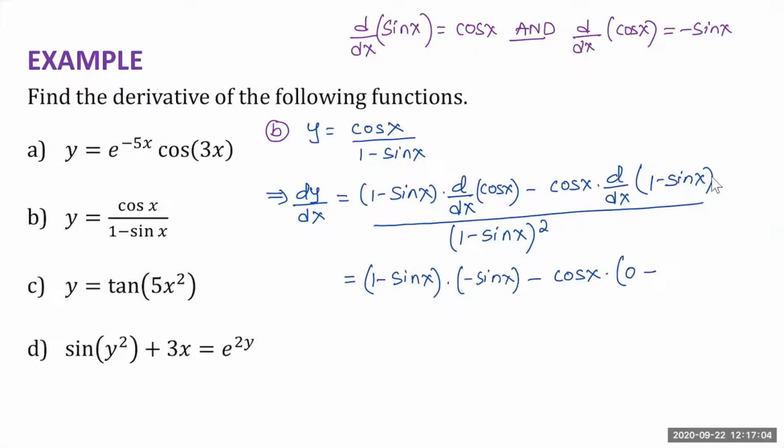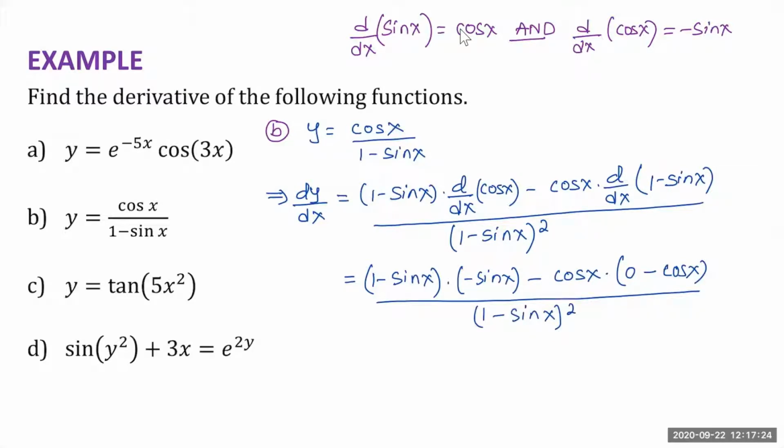We are finding the derivative of this sine. The derivative of sine is cosine, so that is cosine x. And we are dividing all this by the square of the denominator, 1 minus sine x squared.